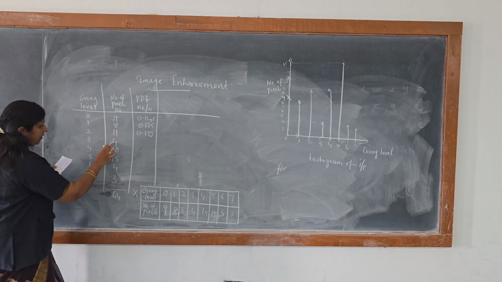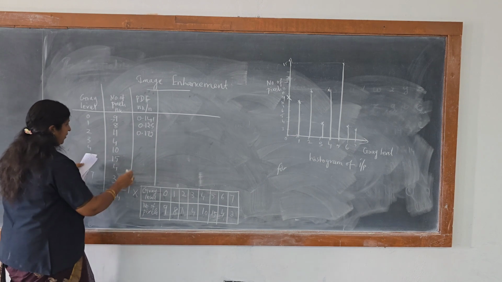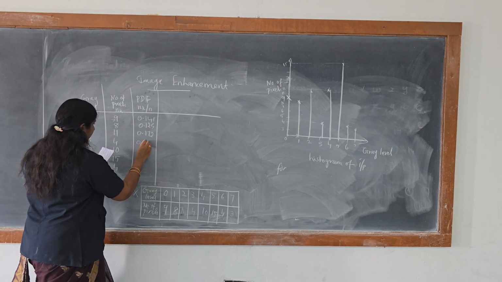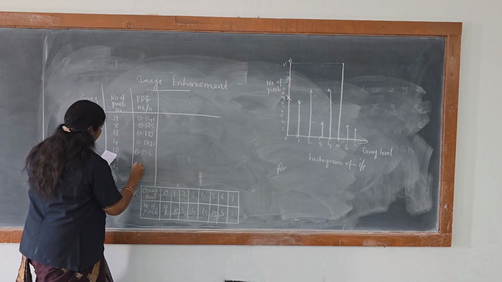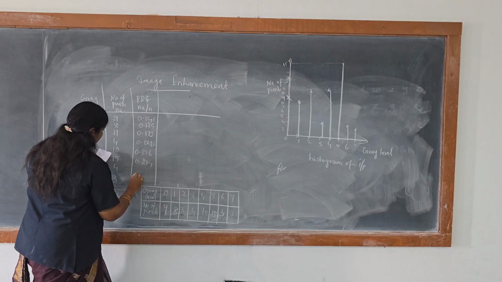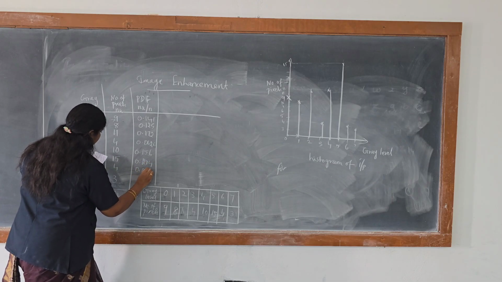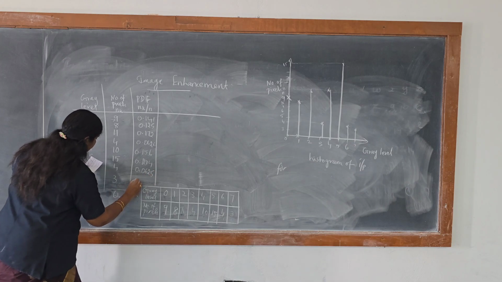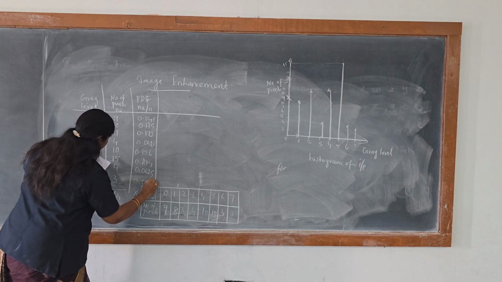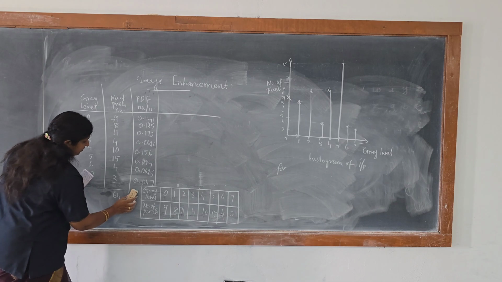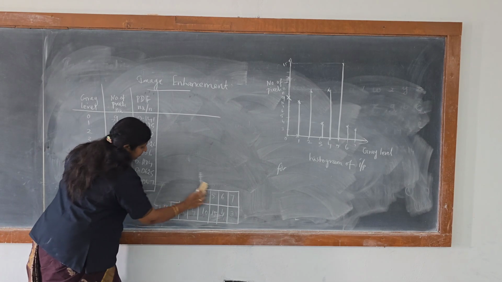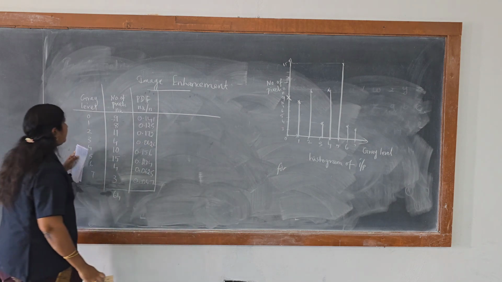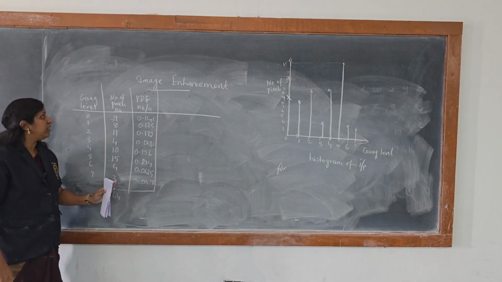Similarly, if you divide all these values by 64, you will get these values: 0.0625, 0.156, 0.1234, then 0.0625, and finally 0.047. So we don't want this table because we know the value of gray level and number of pixels.